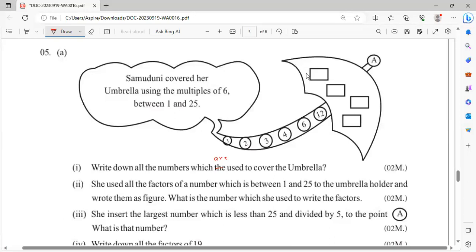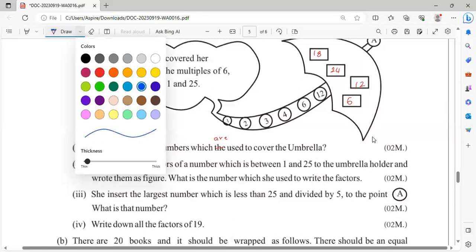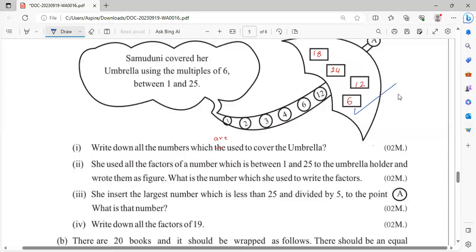Then 12. Next one is 18. Next it is 24. Okay. Yes, 6, 12, 18, 24. These are the correct answers for the first one. If you have written this, you are given 2 marks.